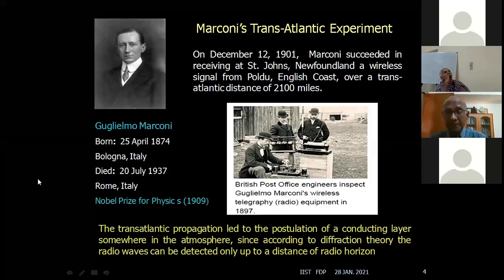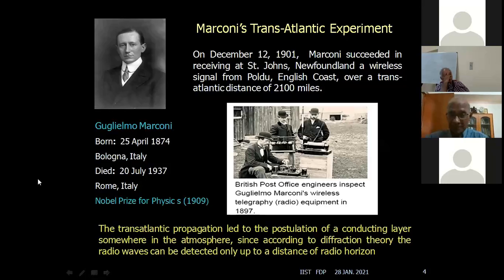So people thought the radio waves can propagate only up to the horizon. That is the radio horizon, as we now call it, which is slightly beyond the optical horizon. All the diffraction and everything gives a little bit beyond the optical horizon, which is called the radio horizon.